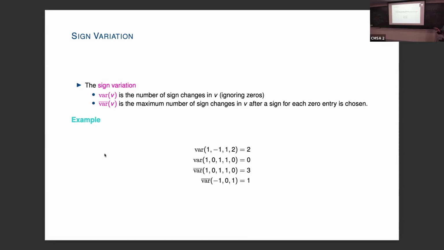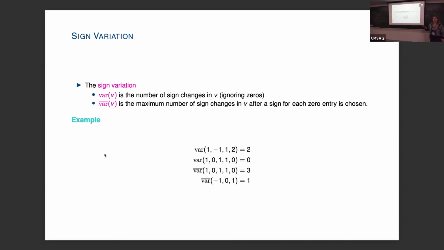But var bar of v is the maximum number of sign changes when we are free to choose any value for the zeros in order to maximize the variation. So var bar of 1, 0, 1, 1, 0 is 3, because if both zeros are chosen to be negative, we go from plus to minus to plus, and then to minus again.